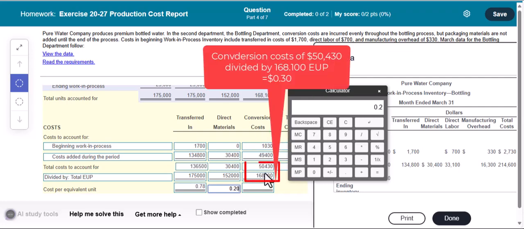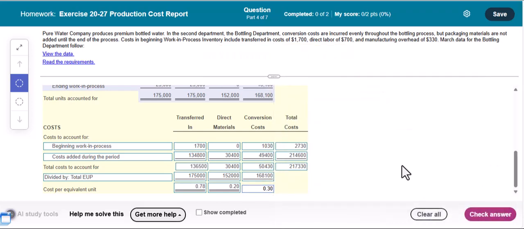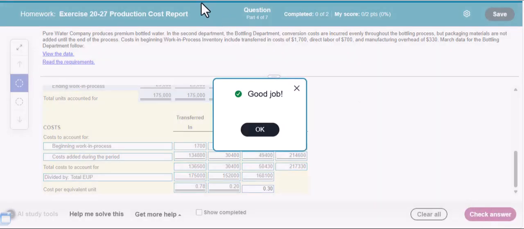So we're going to take 50,430 divided by 168,100. So this number divided by this number. And that is going to give us 0.30 for the 2 digits there. We will shrink this down, close out of this, and check our answer. Good job.